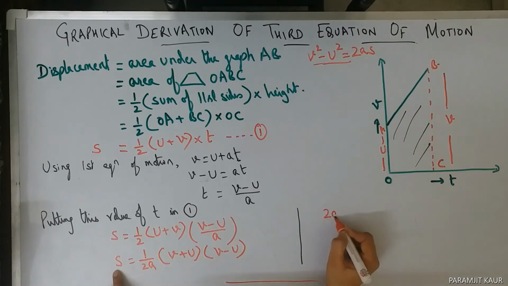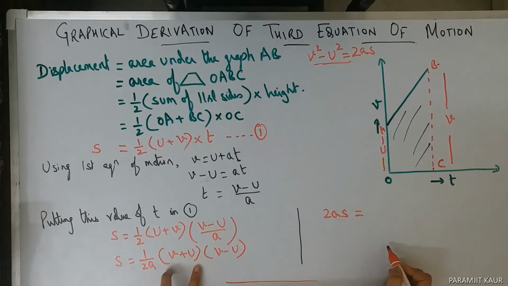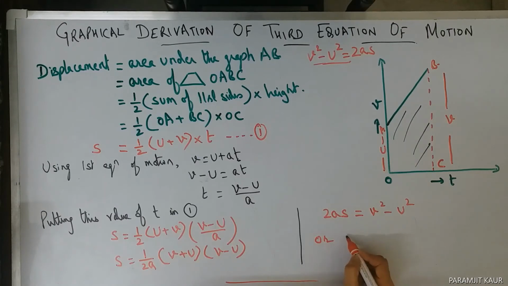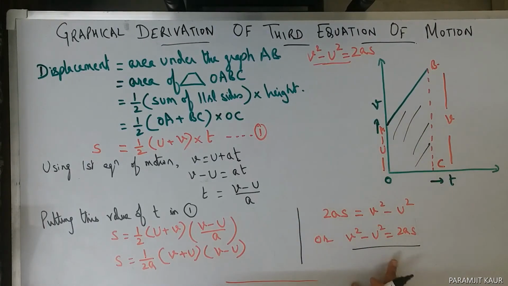So it becomes 2as equal to (v plus u) into (v minus u), that gives me v square minus u square. Or I can rewrite it as v square minus u square equal to 2as. And this is what we had to derive, which was our third equation of motion.